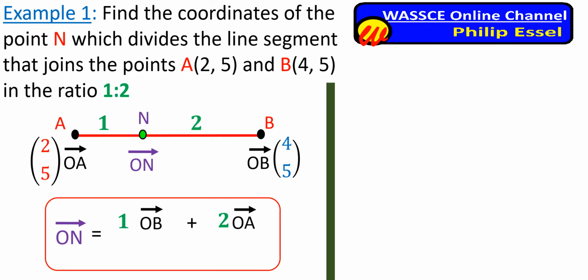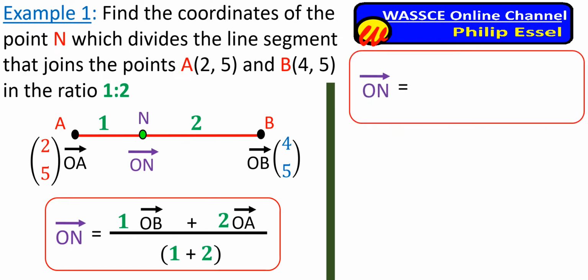This will be multiplied by the vector OA, which is the vector on the extreme left. We will now divide the entire expression by the sum of the ratios 1 and 2. At this point, if we have to find the position vector ON, all we need to do is to substitute our position vectors OA and OB into the equation. So let's quickly do this.